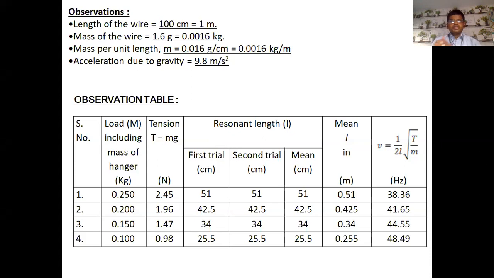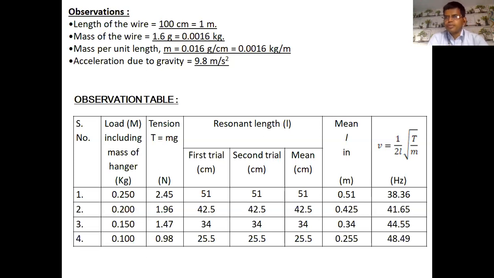Now we perform this experiment repeatedly. Now we remove 50 gram. So definitely we show in the hanger it is 0.200. That time we again show the vibration, and the answer should be 42.5 in centimeter, and then after converting to meter, it is 0.425.